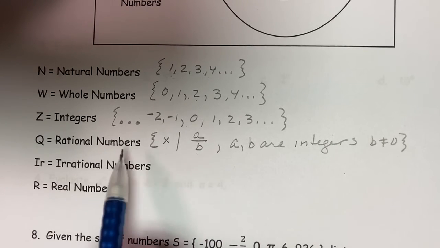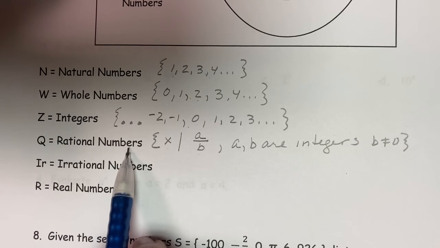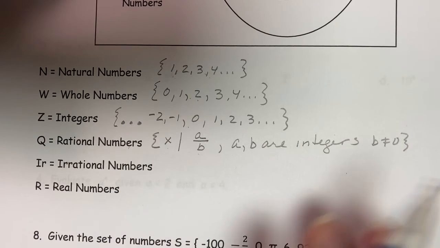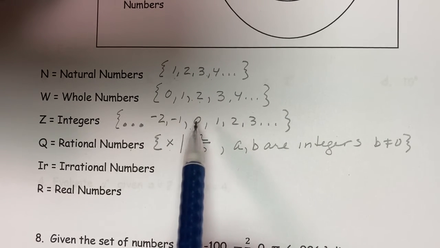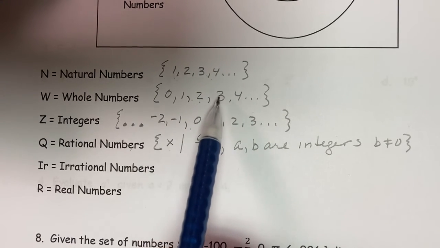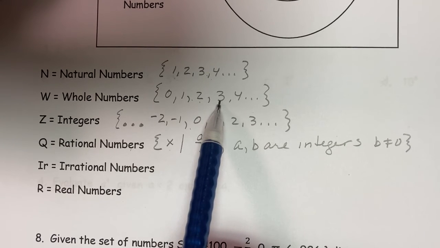So Q, which is what we use for rational numbers, are all numbers that can be written as a fraction. Everything we have talked about here are rational because we can take any one of these numbers, let's say 3, and we can write it as a fraction a over b by making it 3 over 1.